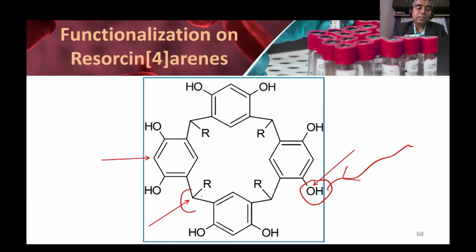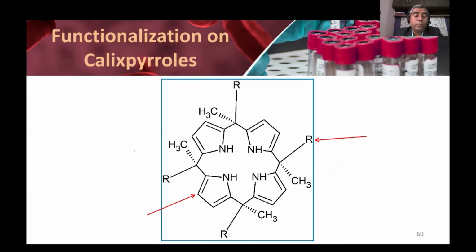You can change this aldehyde and get a different R here, and we can add any new active functional group at this upper rim carbon. Functionalization of calix[4]pyrrole is at the R alkyl chain of this structure and the periphery of this pyrrole moiety. The periphery carbon of this pyrrole moiety can be substituted by other groups.